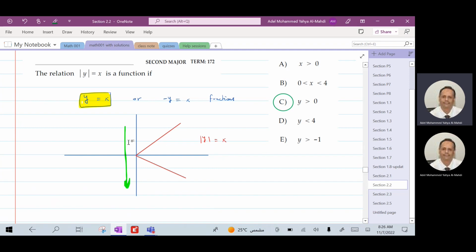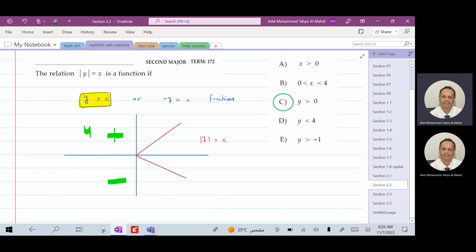If you take y bigger than -1, it is similar to y less than 4. So we will start from here, for example y bigger than -1 from here, only removing this part, which is not a function. But if you take only y bigger than 0, you know that here y is positive and here y is negative.